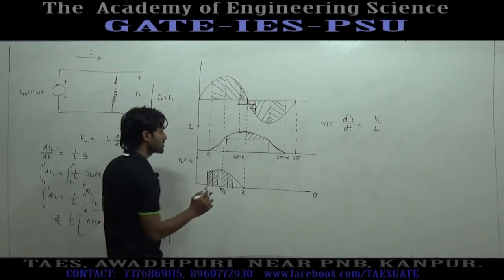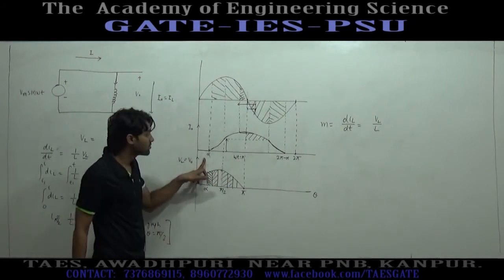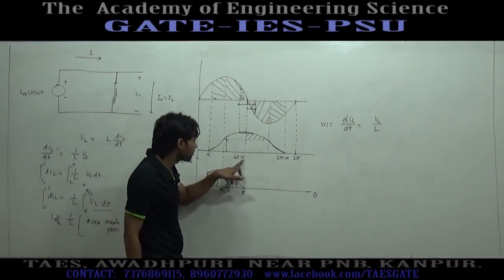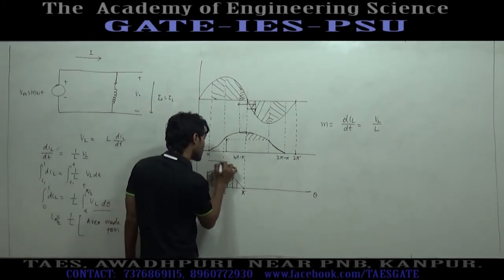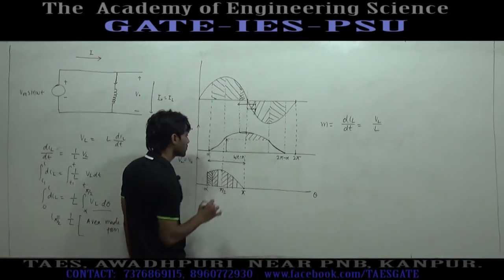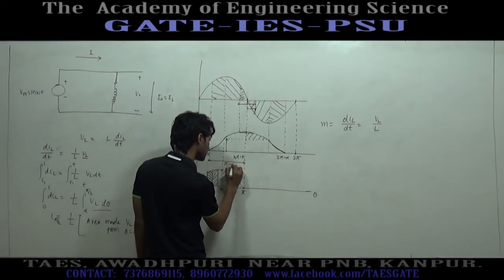So, from alpha to pi the current will rise, and from pi to 2 pi minus alpha the current will decrease. The interval of rise of current is pi minus alpha.